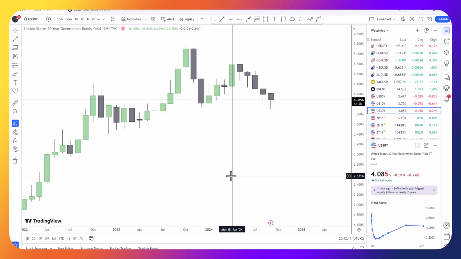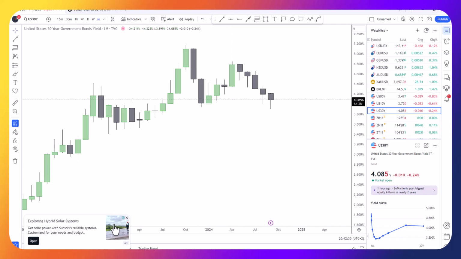So we all know now what effects long-term rates have on the currency market, and it has been playing out of late. Like I think the whole of 2024 right now, the narrative in the markets is all about interest rates, right?